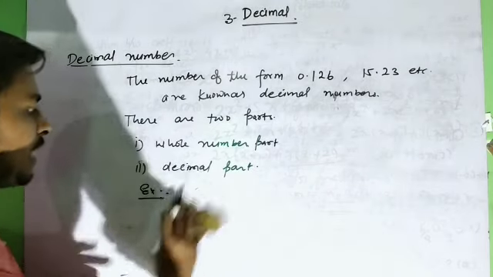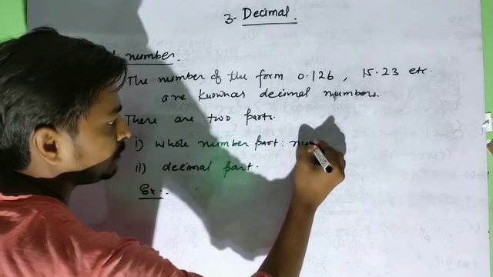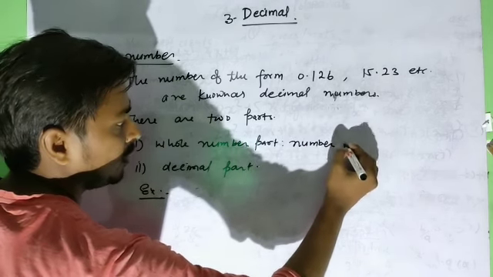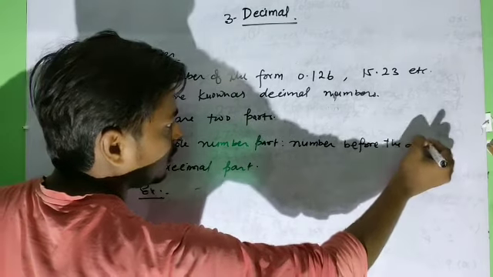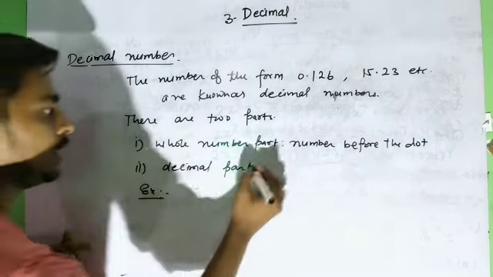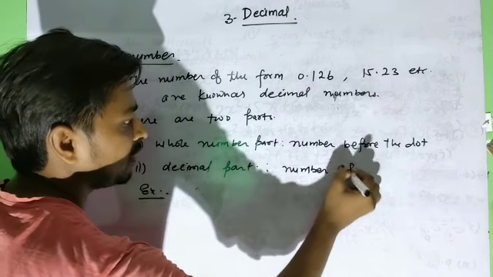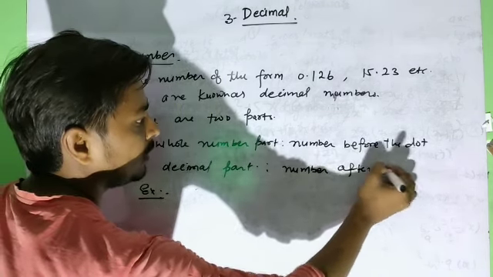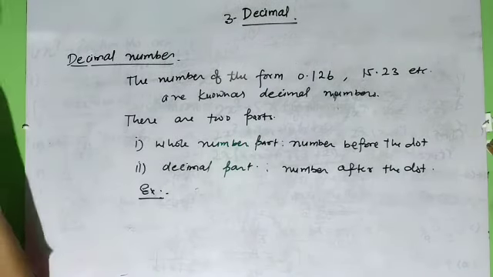The number before the dot is the whole number part, and the number after the dot is known as the decimal part.